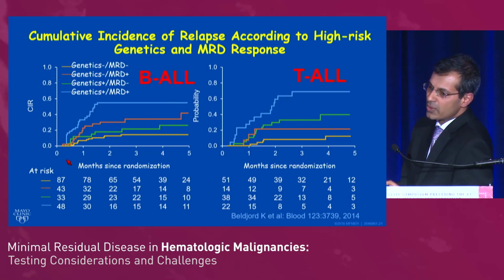And the study found that the cumulative incidence of relapse was dependent on MRD status of the patients, but also high-risk genetic features such as the IKZF1 focal deletion or MLL rearrangement. This is particularly important for B-ALL patients where the MRD status can discriminate the high risk as well as the low risk patients. But for T-ALL, it is the genetic risk status that is more important than achievement of MRD negativity if the patients have low risk.